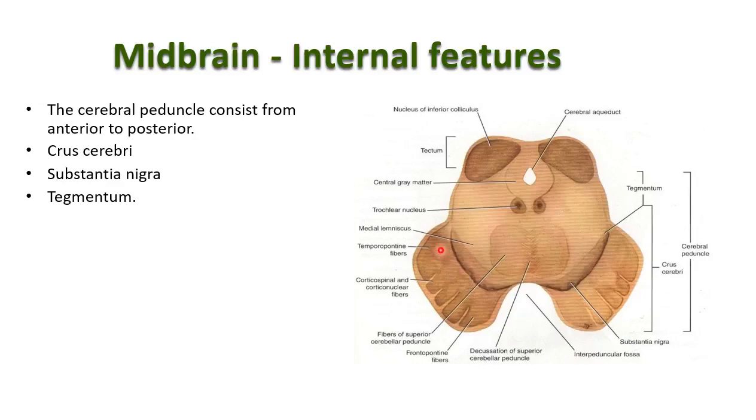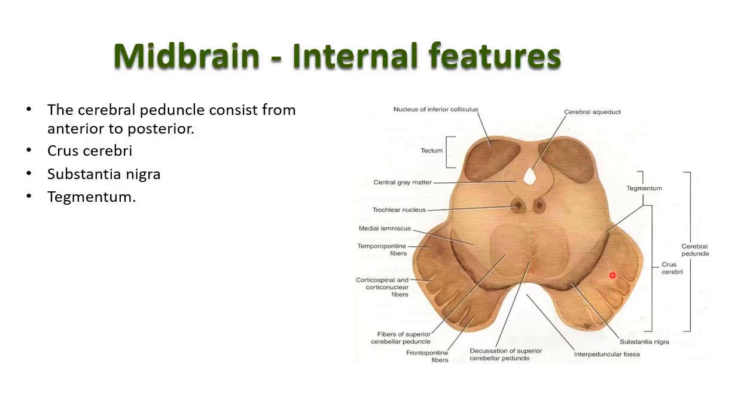Beyond the cerebral aqueduct it is called the tectum. So the internal aspect can be divided into tectum, tegmentum, and then the crus cerebri and the substantia nigra.